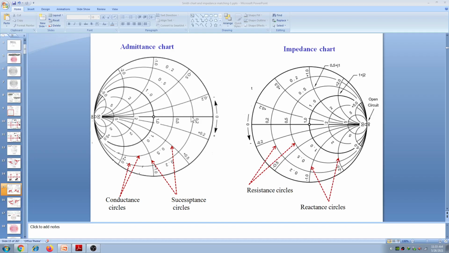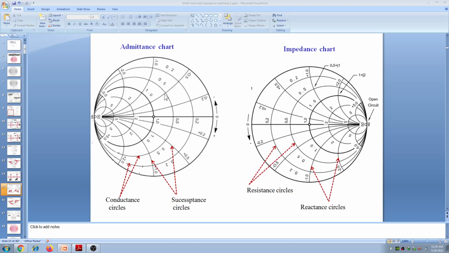So at any position, you can read the resistance value, susceptance value and conductance value. Here also, for example, what is the conductance value and what is the susceptance value at this position, at this intersection?